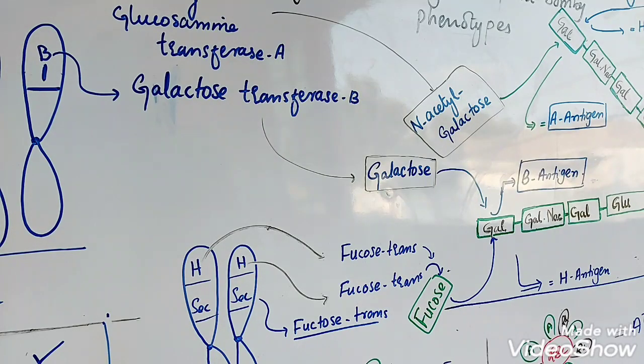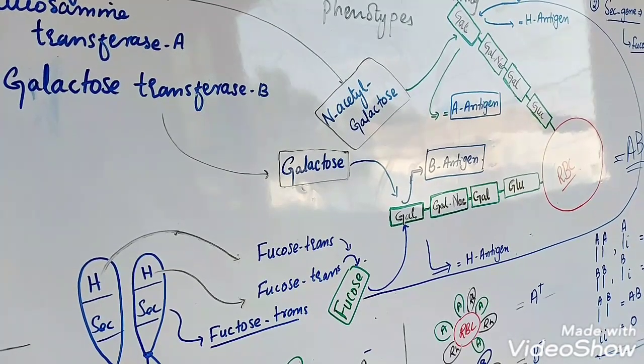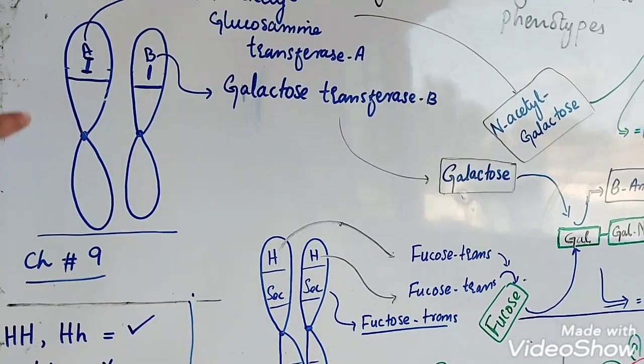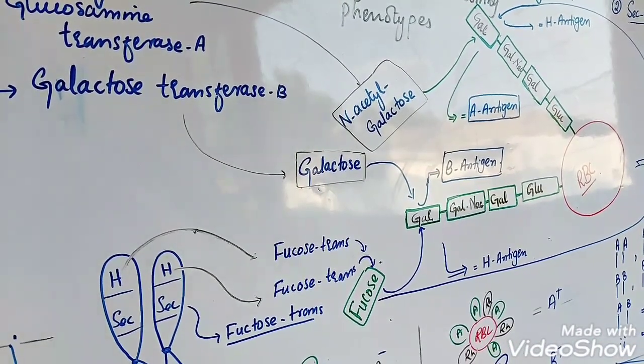They will not be able to convert H antigen, because there is no H antigen, into the antigen A and B. So they will not be able to synthesize either antigen A or antigen B. Then the person's RBCs will have only the chain of oligosaccharides, but no H antigen, and no antigen A and B. So with respect to the I gene, the person will be AB, but phenotypically the RBCs will not have antigen A or B. Such a phenotype is called Bombay phenotype. Genotypically AB, but phenotypically O.